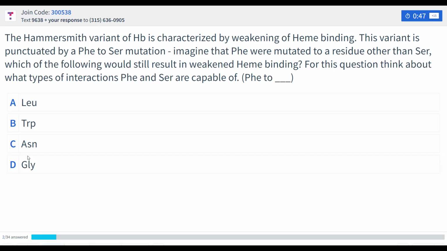Think about the chemical makeup of all these different amino acids as you answer this question. You have 10 seconds left.